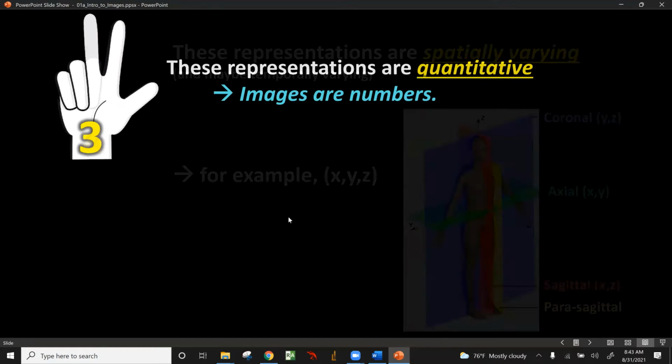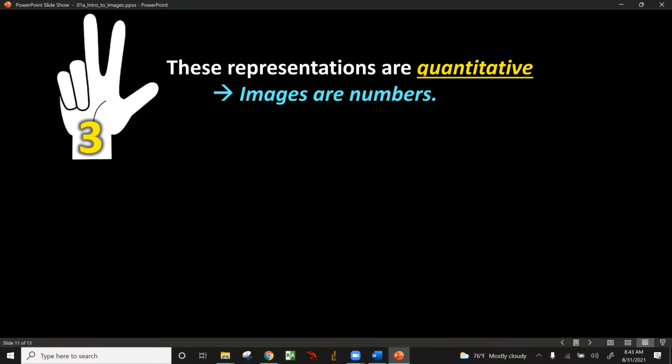What else have we learned? These representations are quantitative, okay? These representations of the subject, right? We render those, we record those as numbers, right? And so that is the lesson of the day, is that images are numbers.